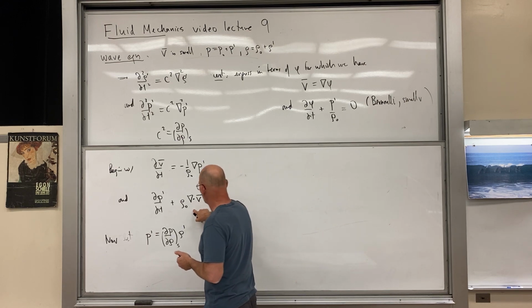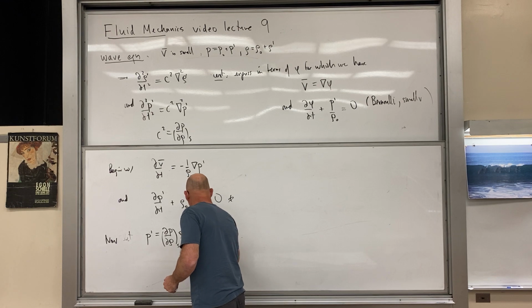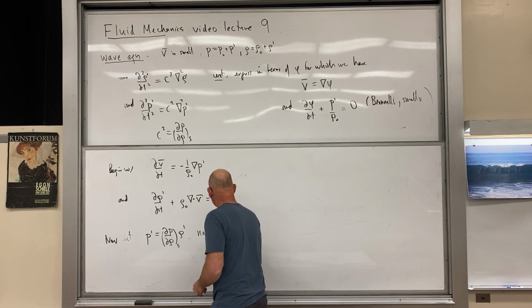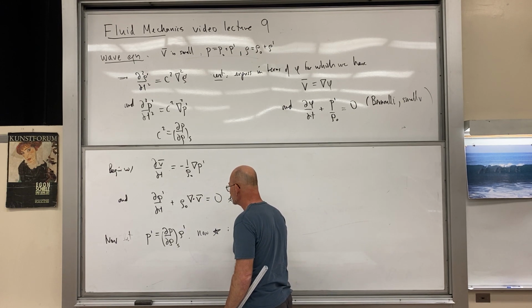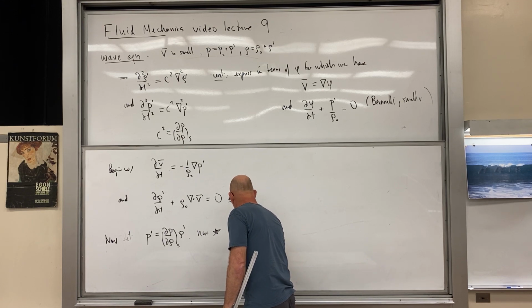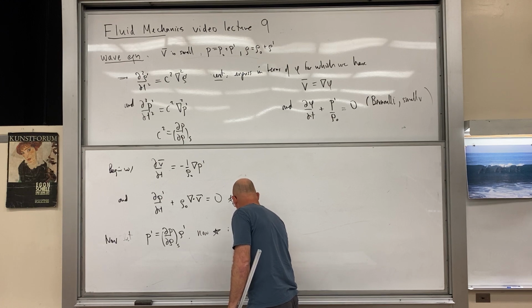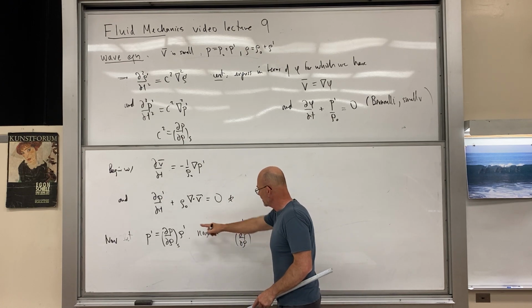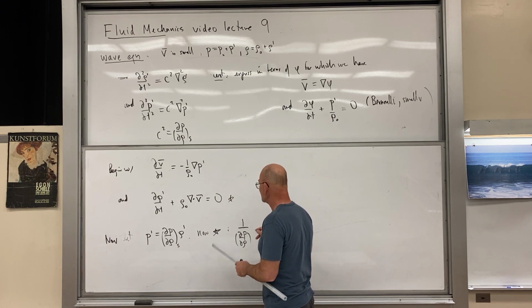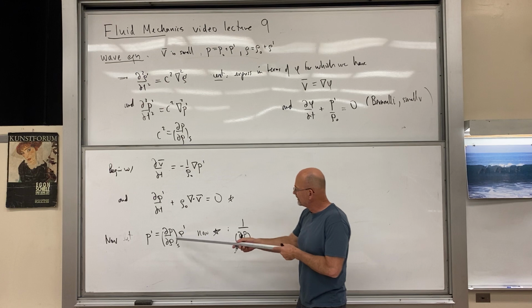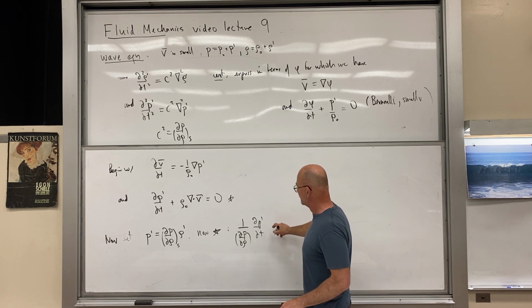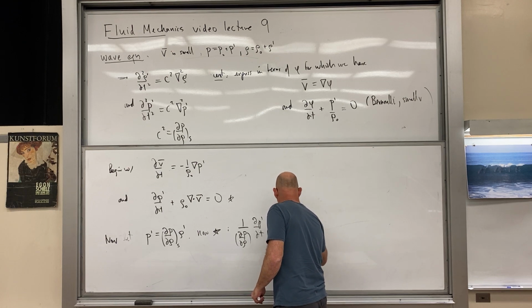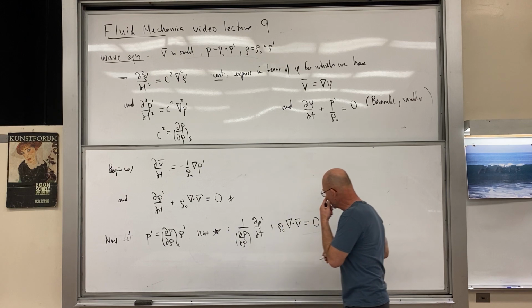And in this equation here, for star, we get d rho prime dt is equal to 1 over dp d rho times dp prime dt, which is a constant, and then plus rho naught divergence of v is equal to 0.